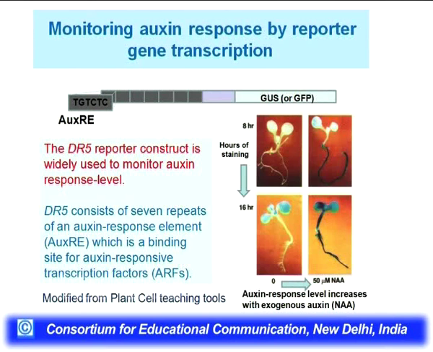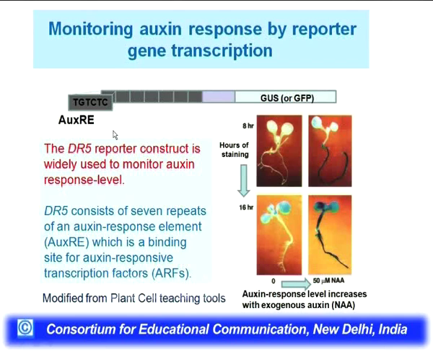So, here the gene which is taken is GUS or GFP. GUS can be stained, which gives a blue color, and GFP gives a green color. Now, if you have this gene under a promoter sequence which responds to auxin, then it will show the color only when auxin is there.